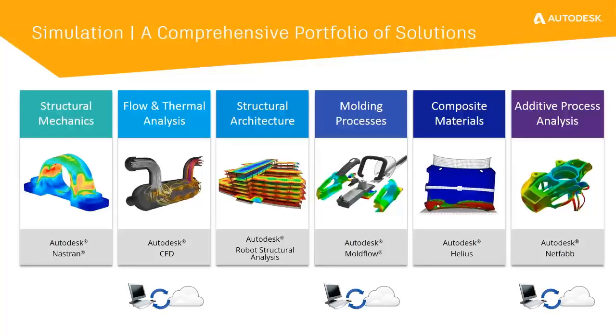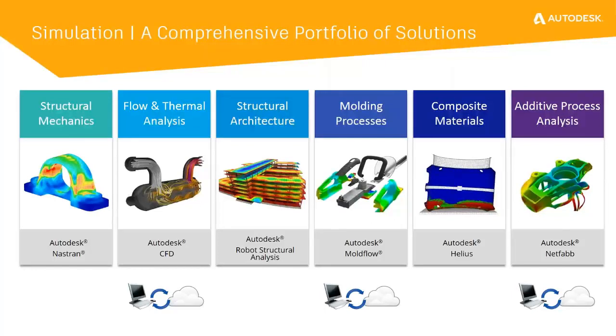Autodesk Helios PFA is designed specifically to improve accuracy, efficiency, and convergence for nonlinear simulation of advanced materials. Helios PFA also provides the ability to leverage as-manufactured material properties from Moldflow to include the impact of fiber orientation, nonlinear material behavior, and weld line strength calculations in a structural analysis.